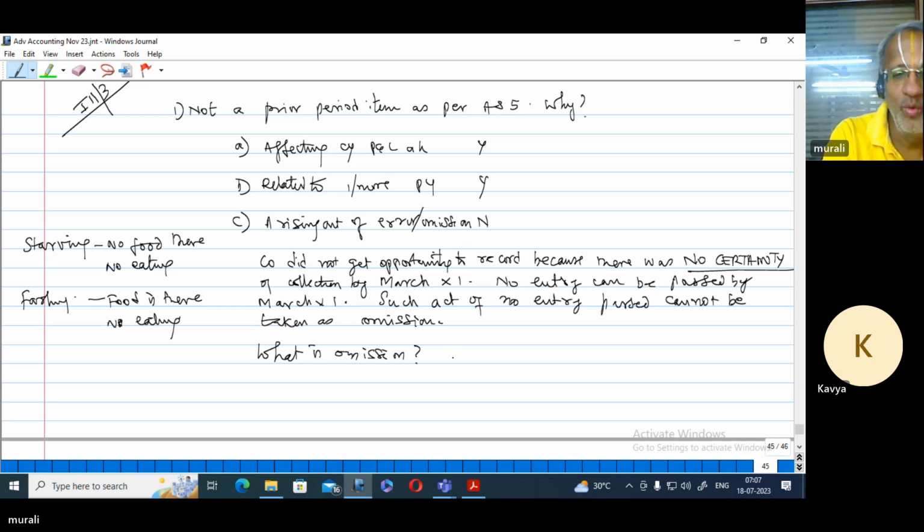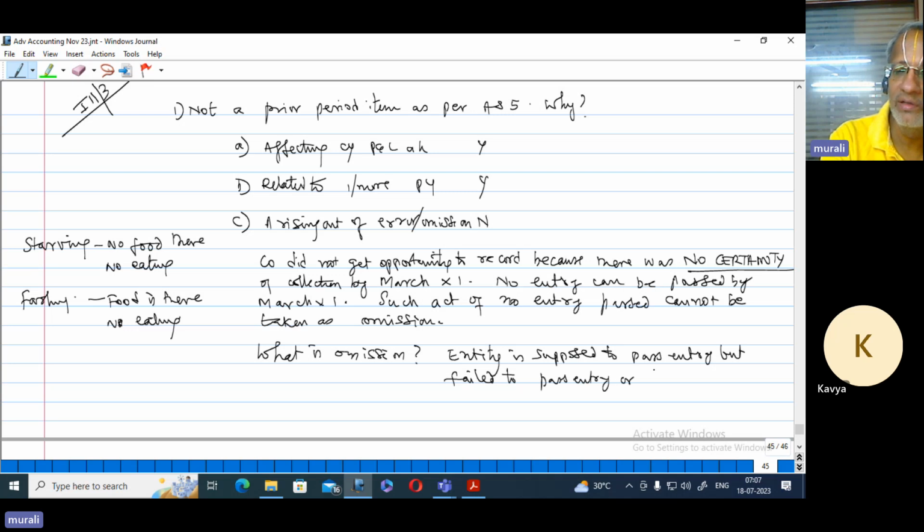Omission means an entity is supposed to pass entry, but failed to, or preferred not to, pass entry.